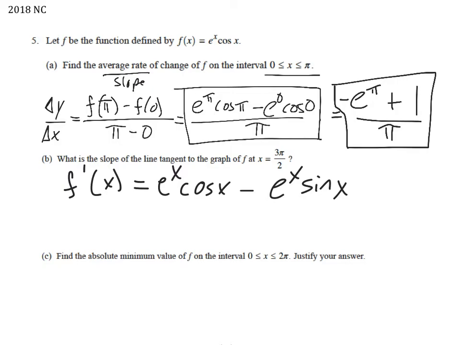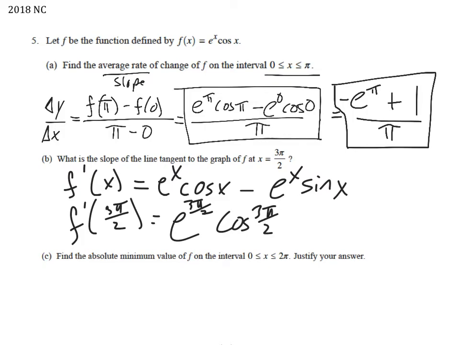All right. Now let's evaluate f prime of 3 pi over 2 equals e to the 3 pi over 2 times the cosine of 3 pi over 2 minus e to the 3 pi over 2 times the sine of 3 pi over 2.